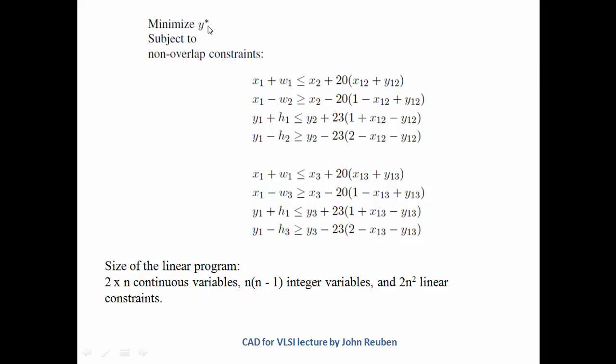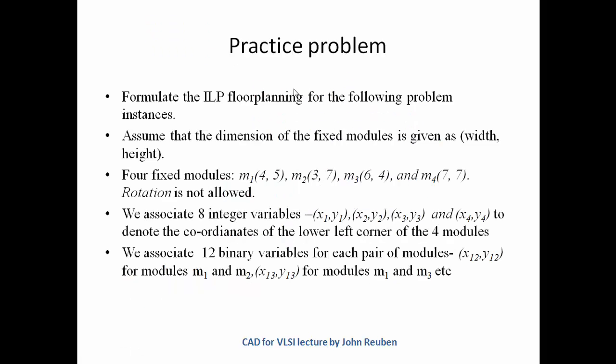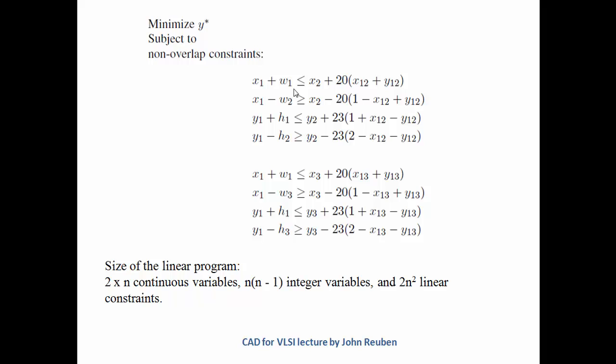So we want to minimize y. The capital Y is represented as small y in this case, subject to the constraints. So first I am formulating the non-overlap constraints. As we can see here, for modules 1 and 2, these were the set of non-overlap constraints, that x1 plus the width 1, that is 4 in this case, must be lesser than x2 plus the total width of the floor plan into x12 plus y12.